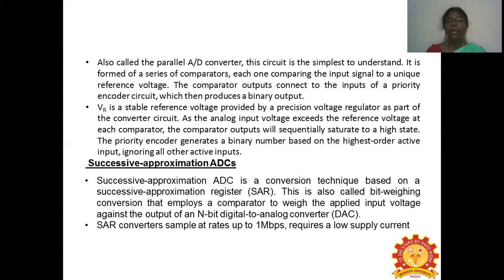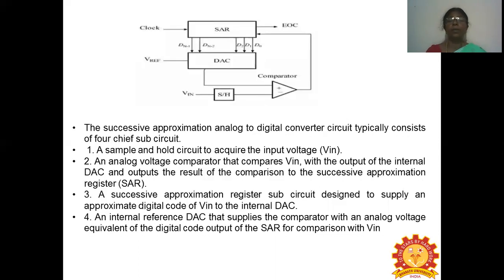So the successive approximation register converts samples at a rate of 1 megabit per second. It requires a low supply current, which is one big advantage of this method.